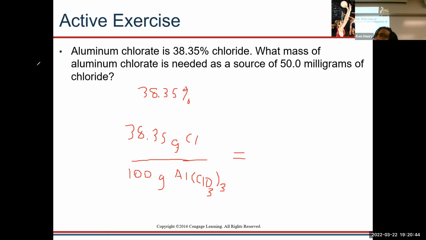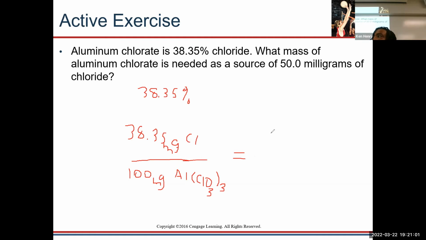So, or we could use milligrams if we wanted to, to make it easier for ourselves. mg, mg. And the reason why we can use milligrams here instead of grams, or we can use grams, is because the units are going to cancel out. Grams over grams is going to cancel out, right?